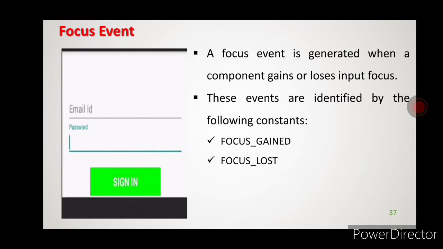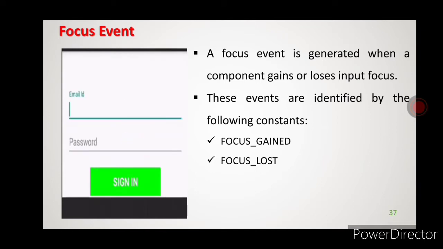When that pink dot comes to the password text box, the email ID text box, that component, loses its input focus. Mainly the focus event is related to input. In these cases the focus event is generated, and these two cases are represented by the constants FOCUS_GAINED and FOCUS_LOST.